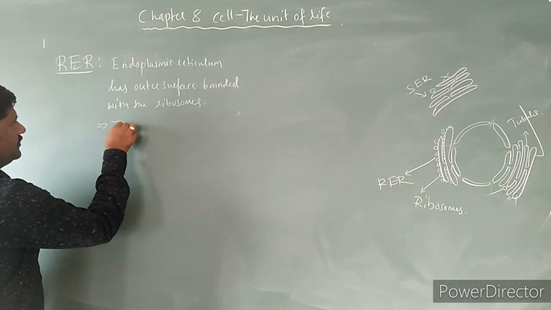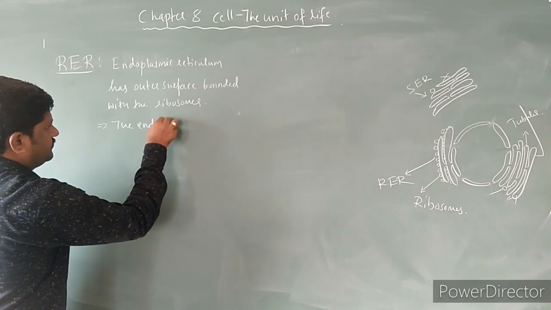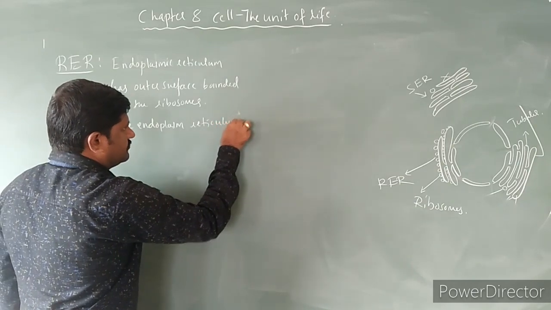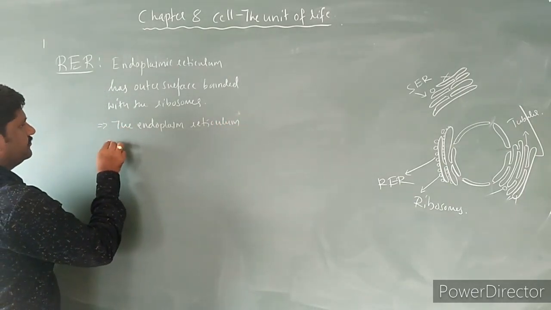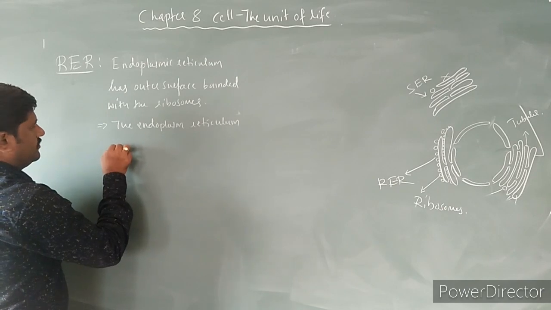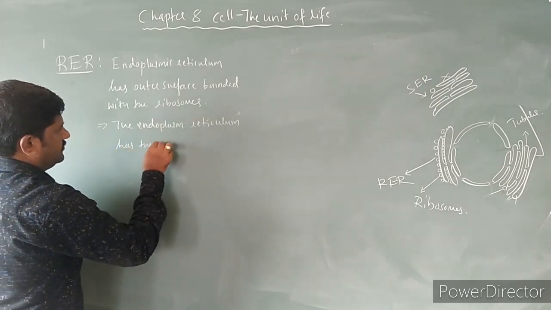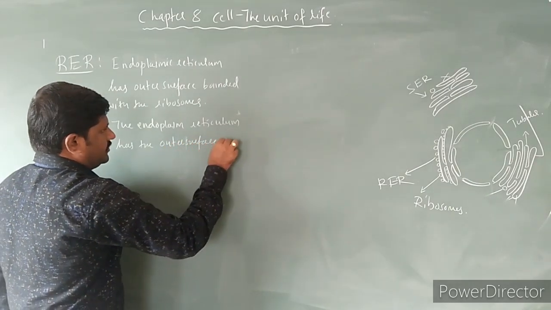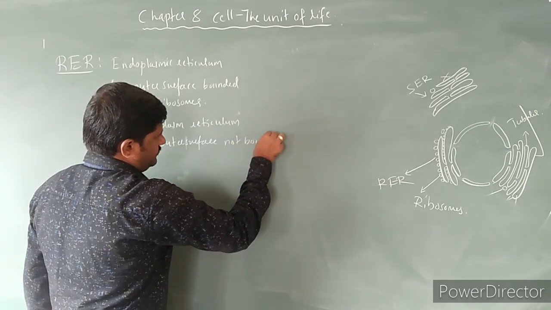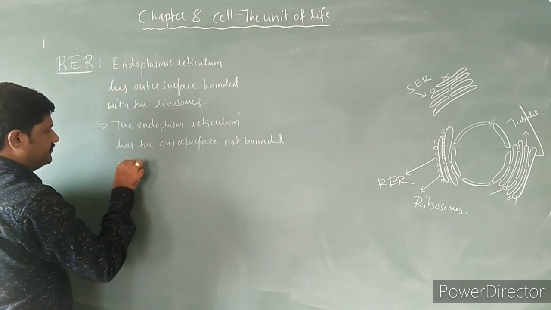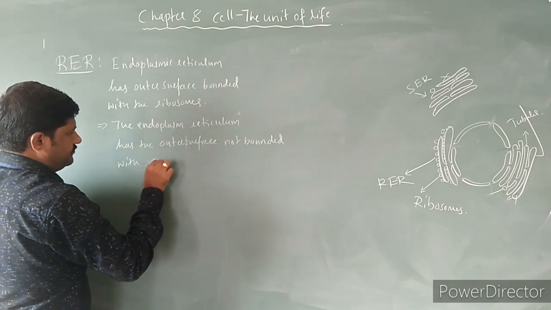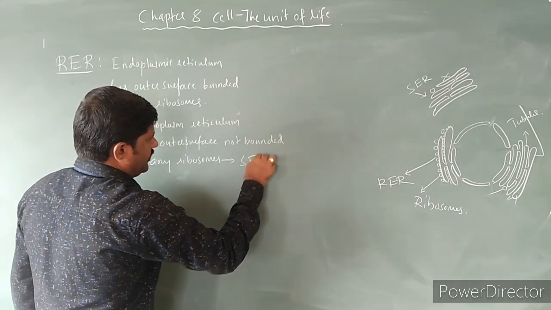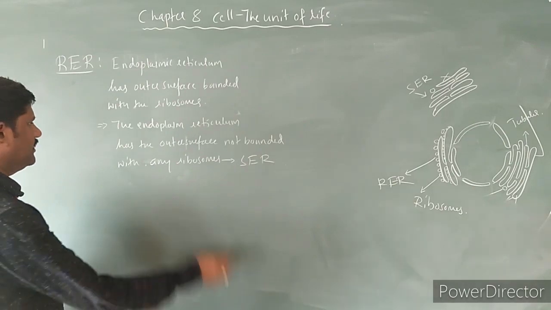So if the endoplasmic reticulum has its outer surface not bounded with any ribosomes, then it is called smooth endoplasmic reticulum, right?